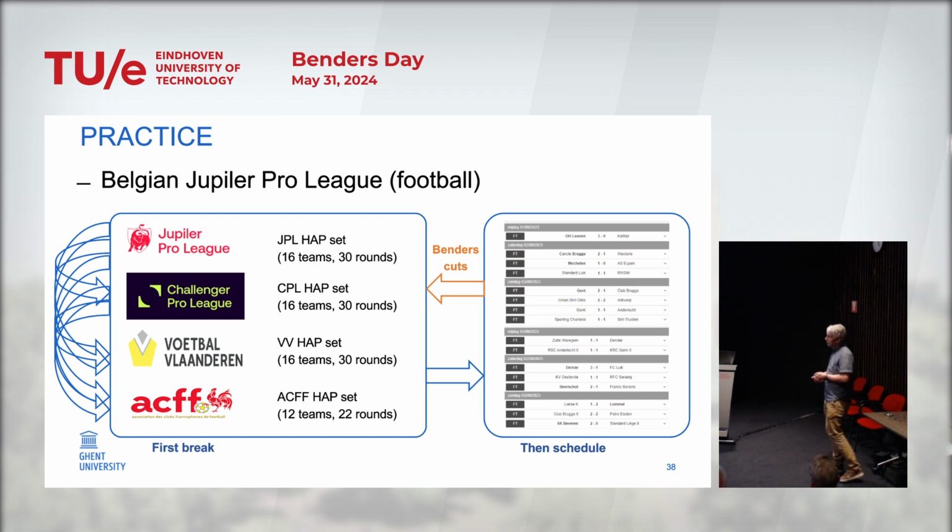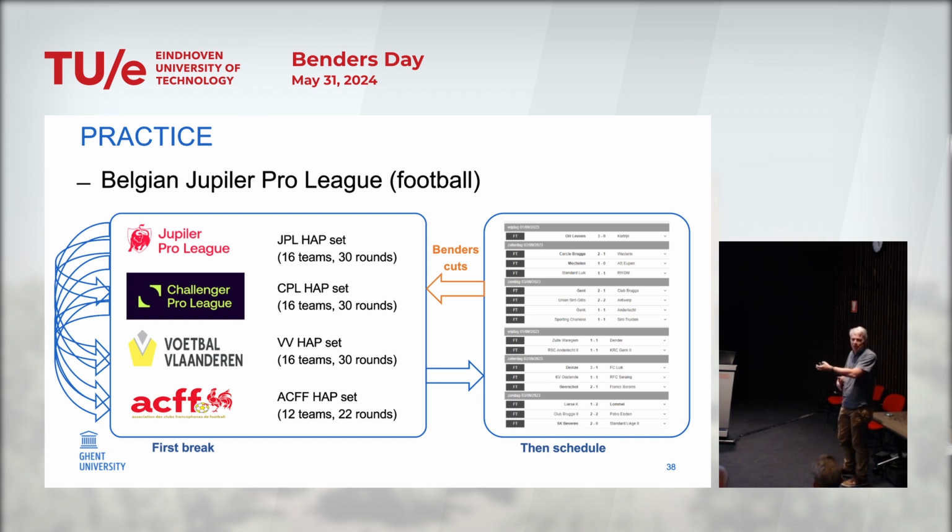So basically what we are doing now is coming up with 4 sets of home-away pattern sets that all result in a feasible schedule. And, well, again, here we also use the Bender's decomposition. We use the Bender's cuts. Bender's cuts are mainly on the level of the Pro League because that's the highly constrained competition.